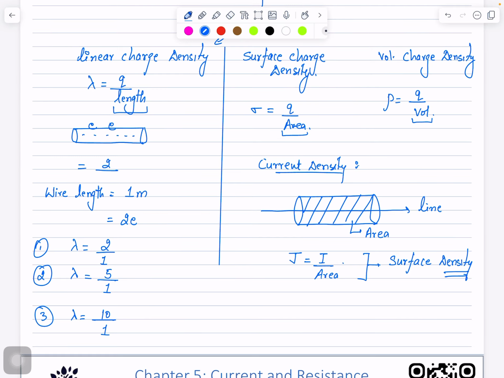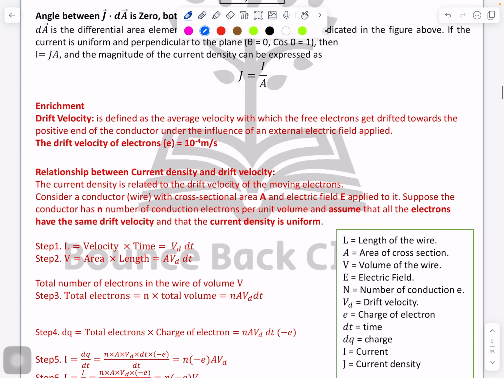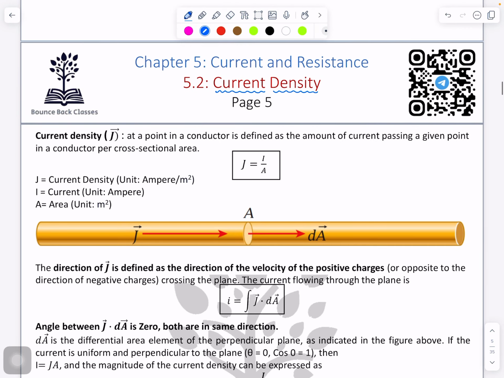Clear? Okay, now go back to the topic. So guys, this is our topic, current density. Now we understand, and just go through the definition. Current density at a point in a conductor is defined as the amount of current passing a given point per cross sectional area.